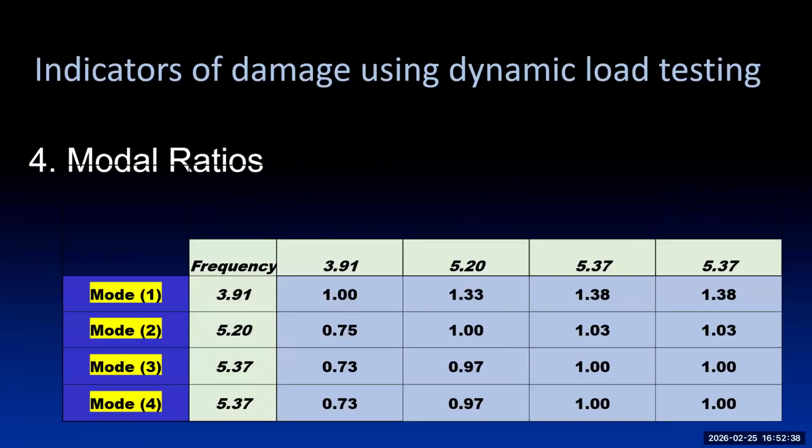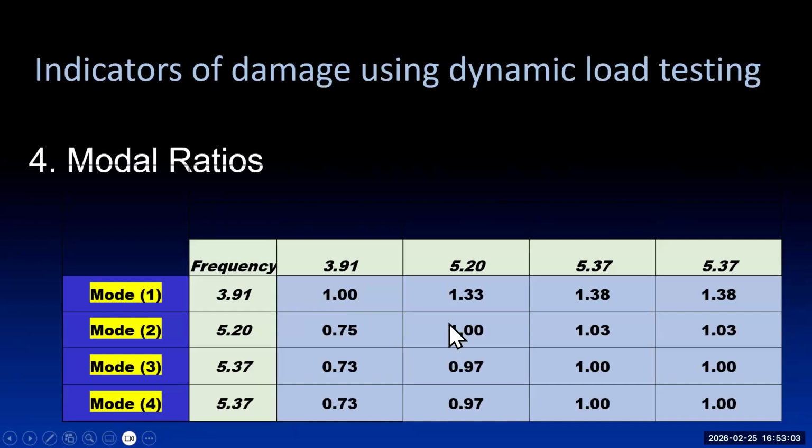We look at modal ratios because we want to see if things are changing. And what we do is we look at different modes of vibration. So different modes have different frequencies. In this case, frequencies of 3.91, 5.20, 5.37, and another mode also at the same frequency.